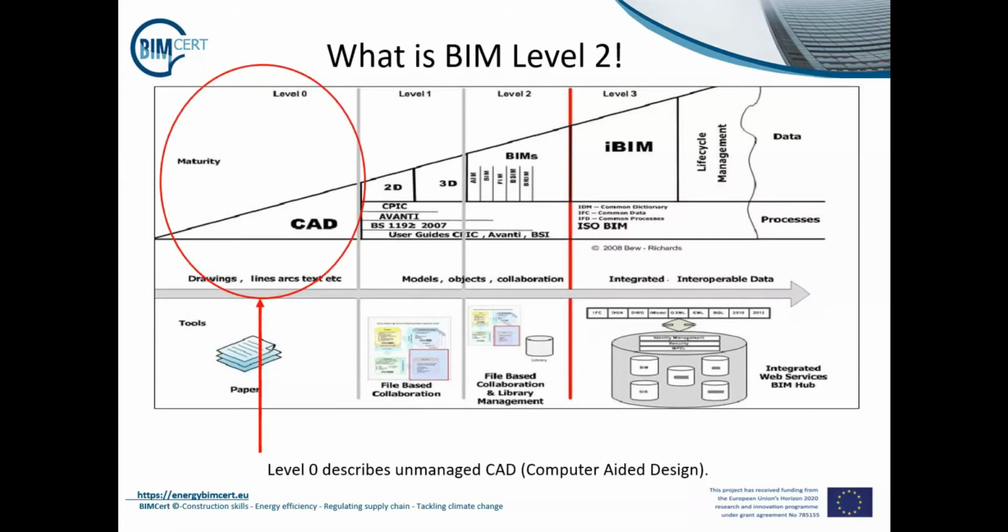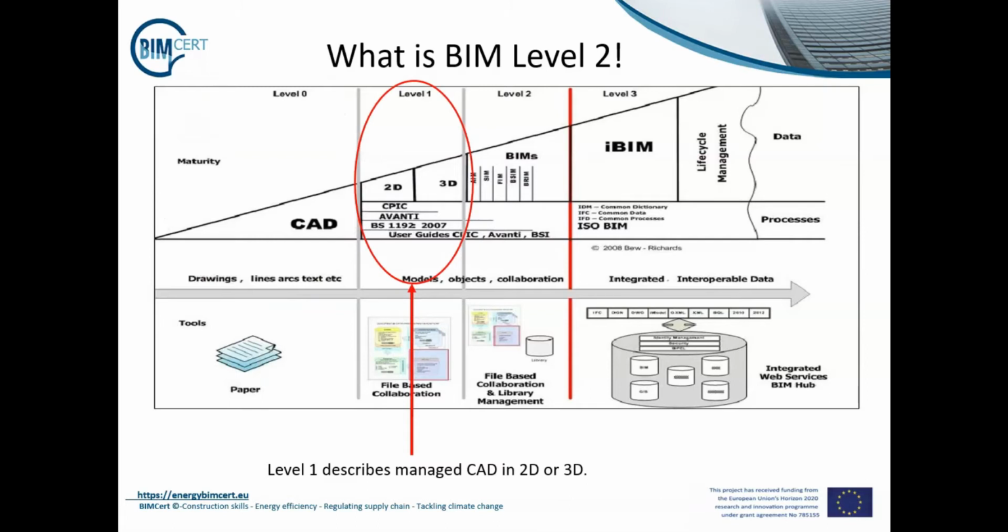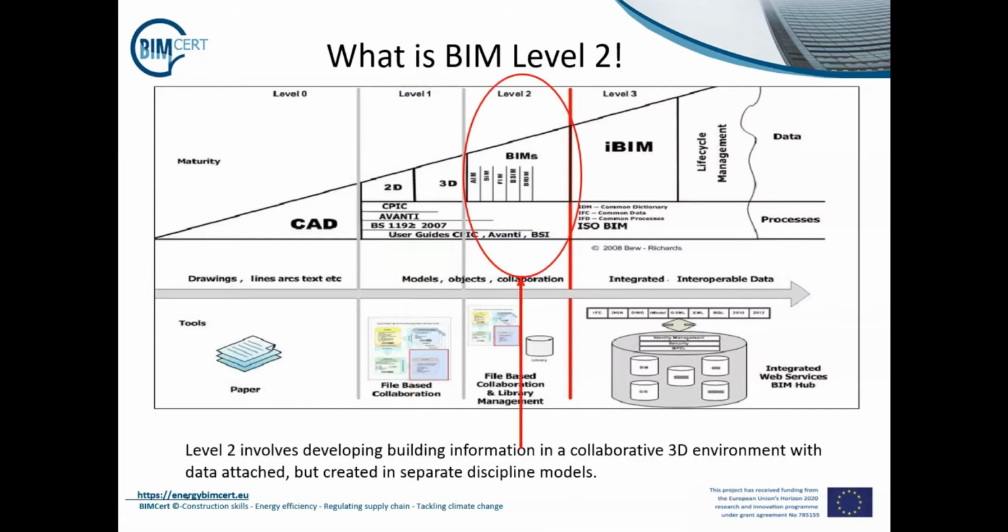So let's start at the beginning. Level 0. Well, Level 0 is defined as unmanaged CAD. This is likely to be 2D with information being shared by traditional paper drawings or in some instances digitally via PDF. Essentially separate sources of information covering basic asset information. Level 1 is a mix of 2D and 3D information using BS 1192, with a collaboration tool providing common data environment.